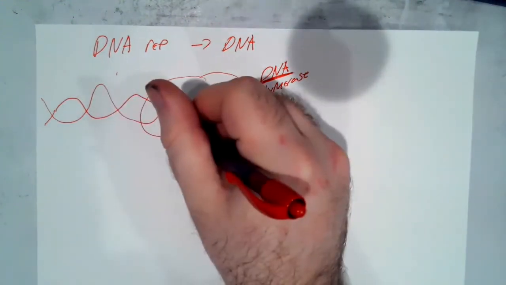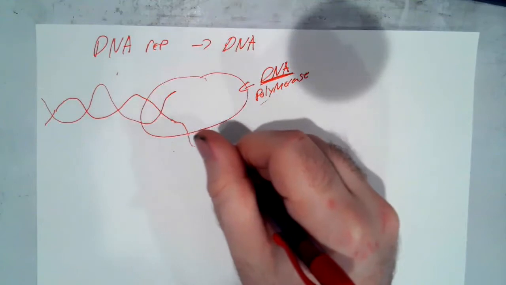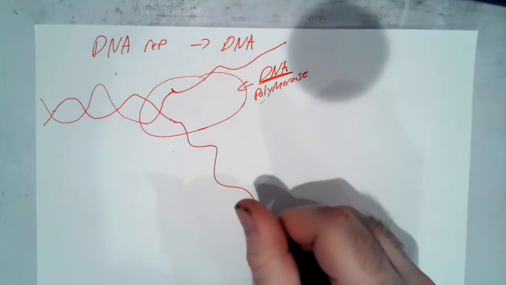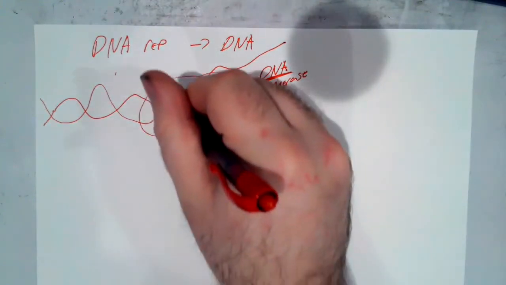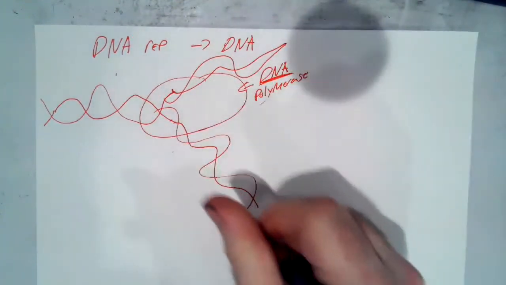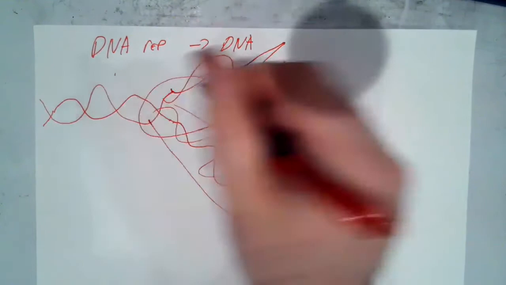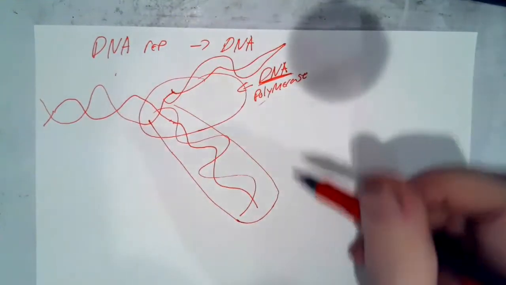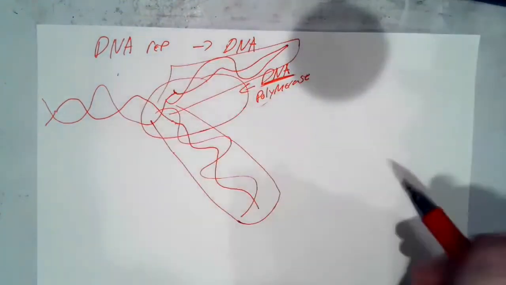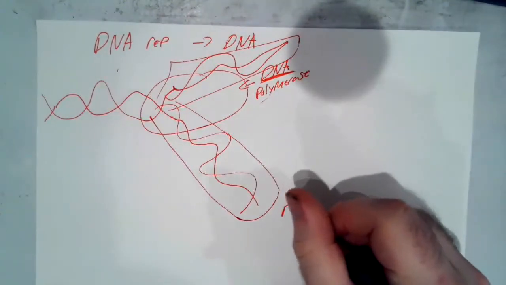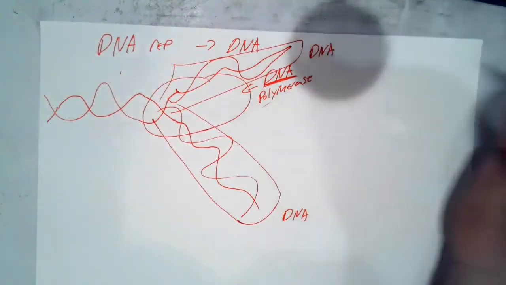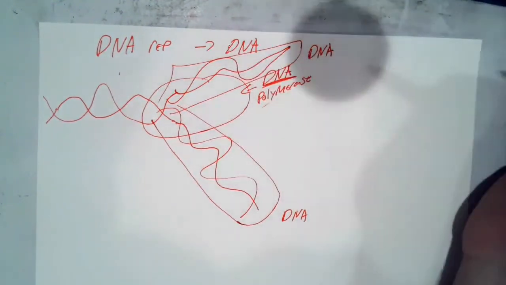And what that's going to do is create two different strands here. I know my drawing's terrible. These are two different DNA molecules now. So now we have one DNA molecule and we have another. And for the focus of this class, in terms of replication, that's all you need to know.